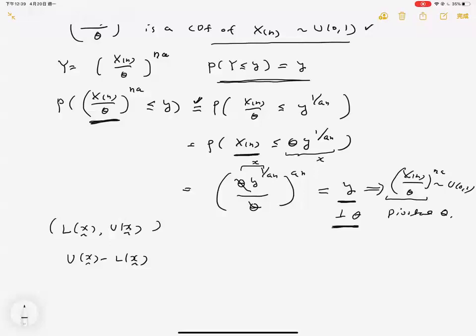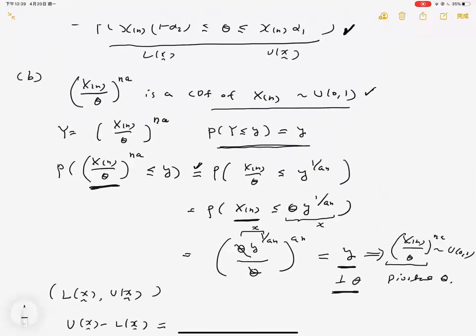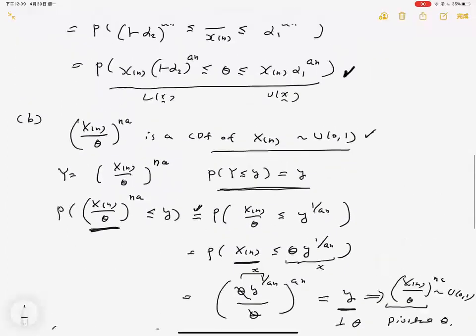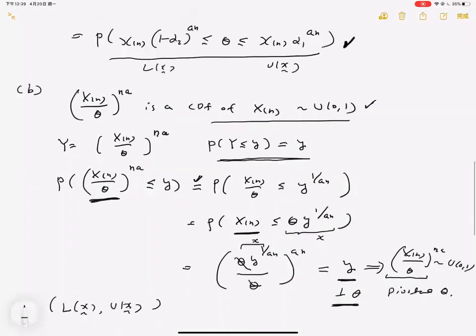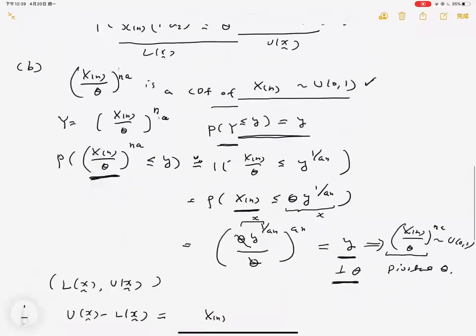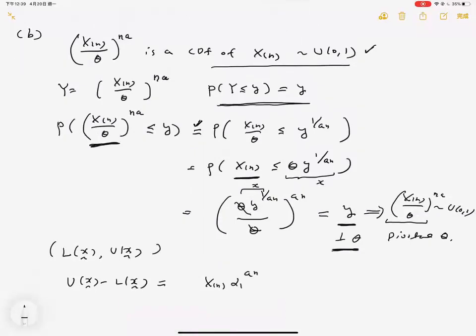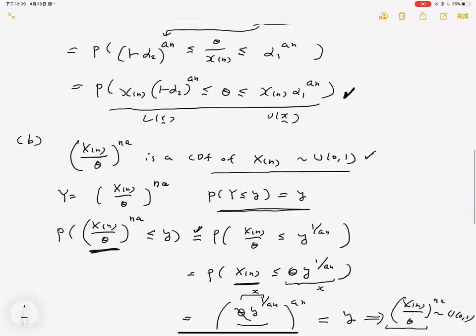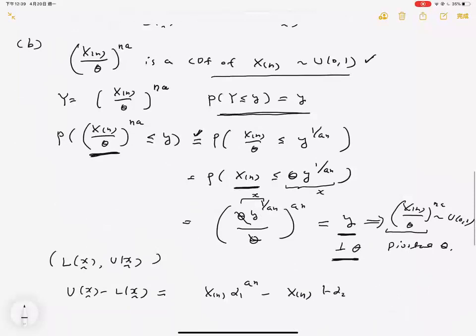In this case, the length of the confidence interval is: the upper bound is x_n over a_n with alpha 1, minus x_n, the lower bound is 1 minus alpha 2, over a_n as well. Okay, this is the length of the confidence interval.